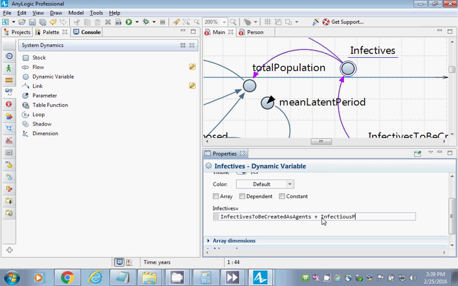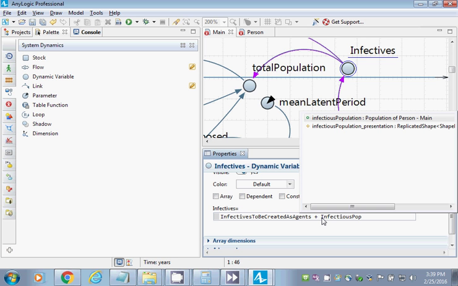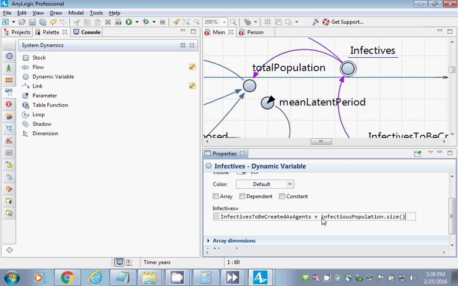Go over to the agent palette and drag in an event. I'm going to call it create agent trigger event, so that if I look at its name, I know what it is.